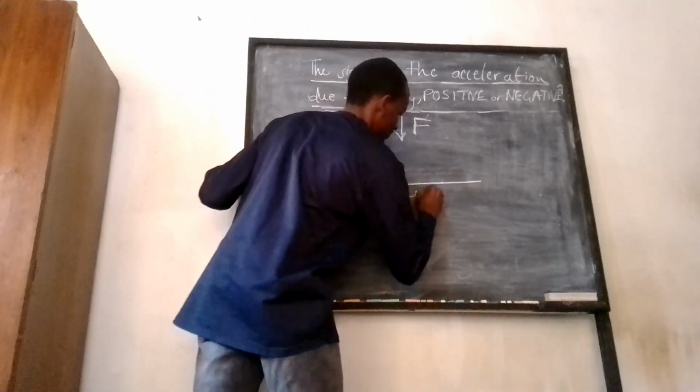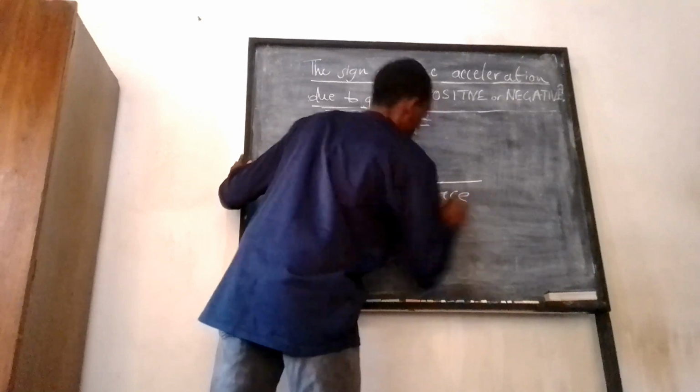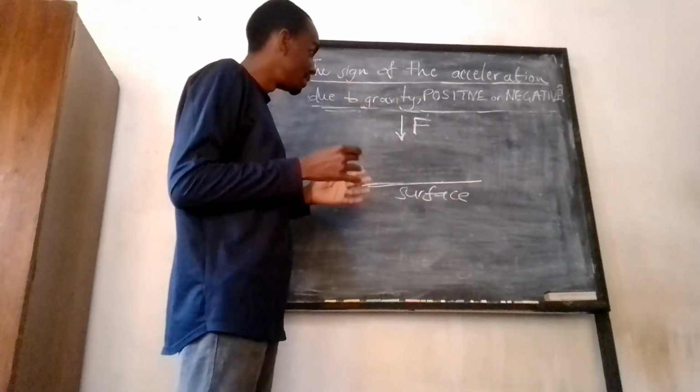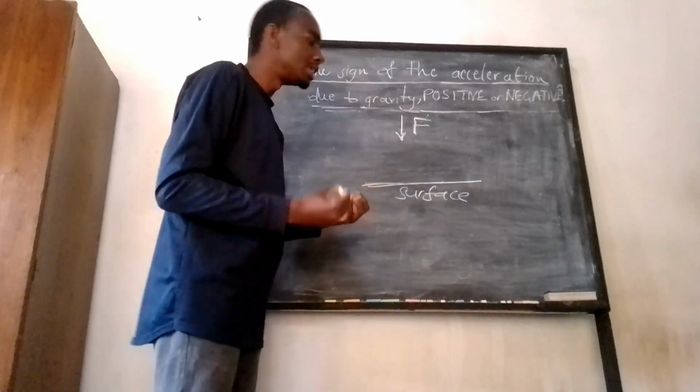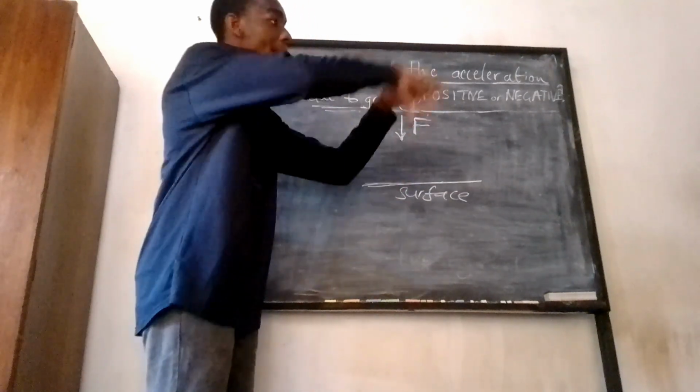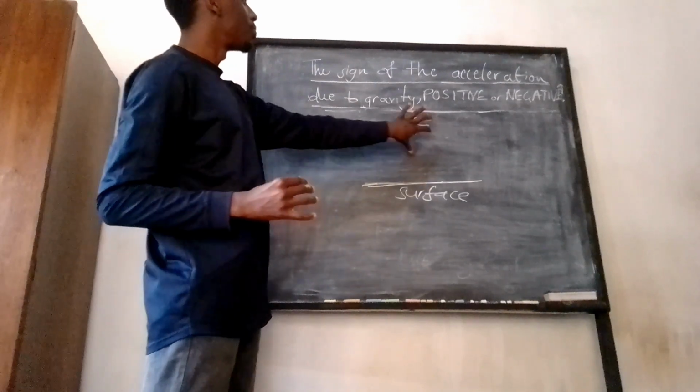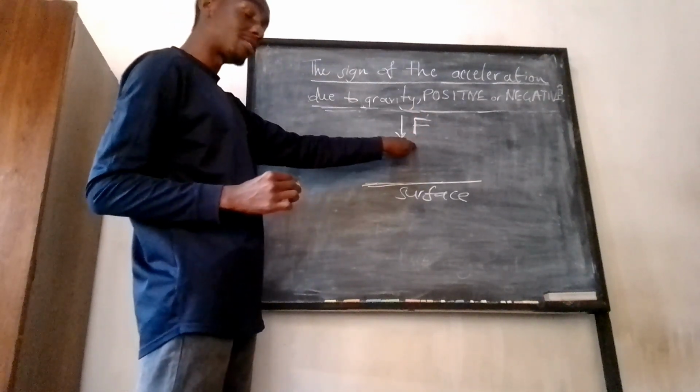Now, this is the surface of the earth. The acceleration due to gravity is the acceleration a particle, a mass, a body would experience under the influence of the force of gravity.